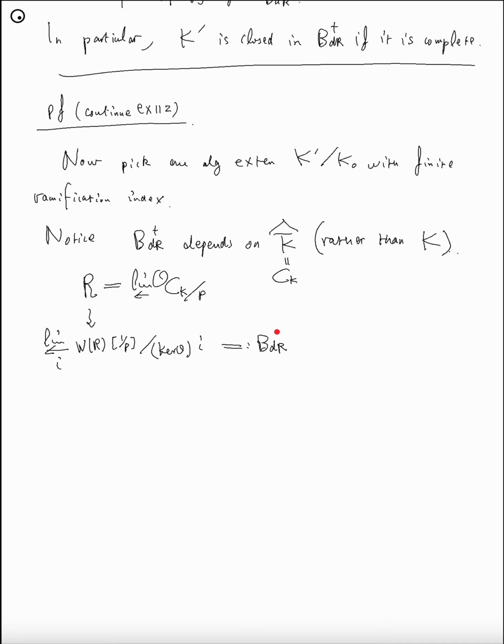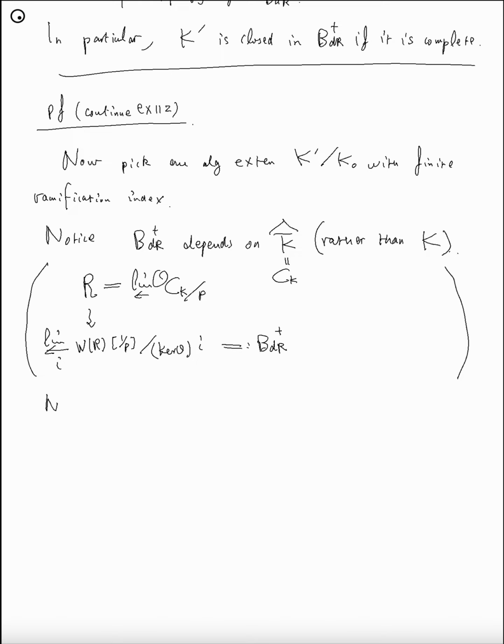So you could replace your K with any element inside K bar, and they give you the same B_dR, and in particular the same topology.